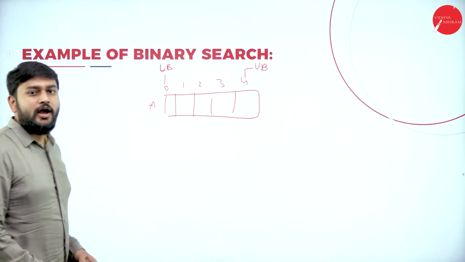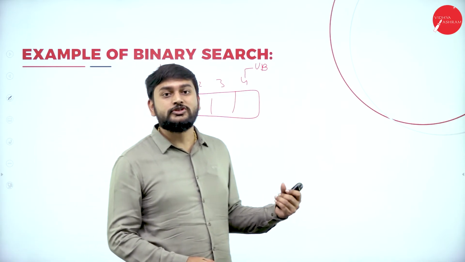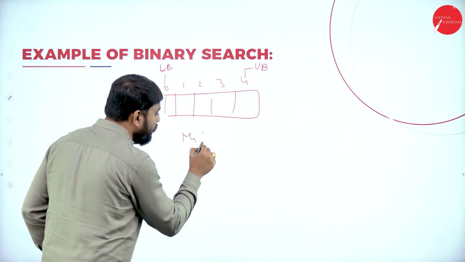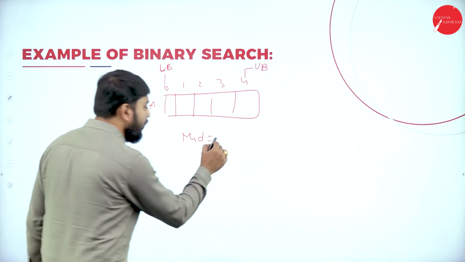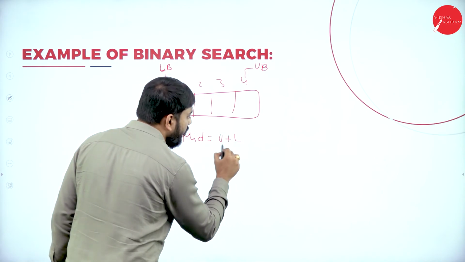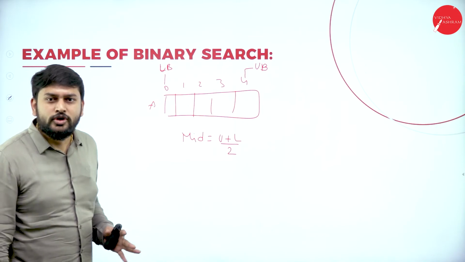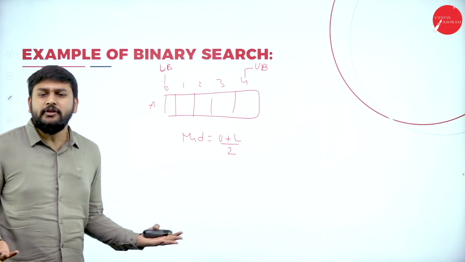So guys, when I want to perform this binary search, what is that I do? I need to calculate the mid value. How do I calculate the mid value? So I calculate upper bound plus lower bound divided by 2, which will give me the mid value. So fine. I have calculated the mid value. Then what do I do with this mid value?